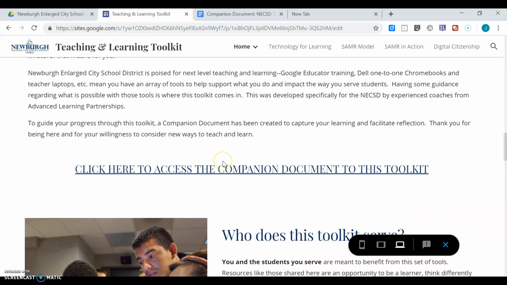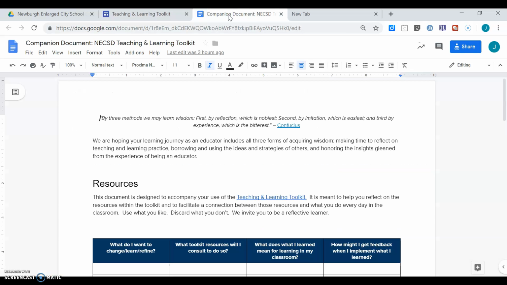The other piece I want to draw your attention to is a companion document. One of the things that we talked about in our process as we were wrapping our brains around this resource was that it would be great to have people be able to follow along or journal or reflect on their own learning. And so the companion document attempts to do that.